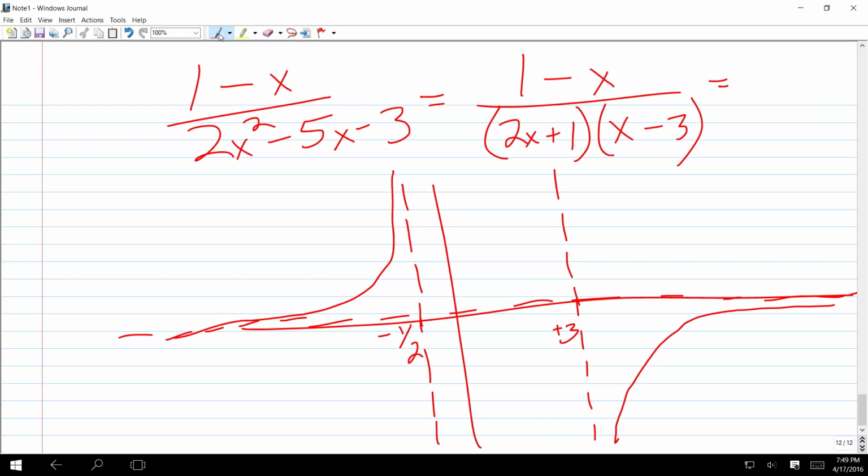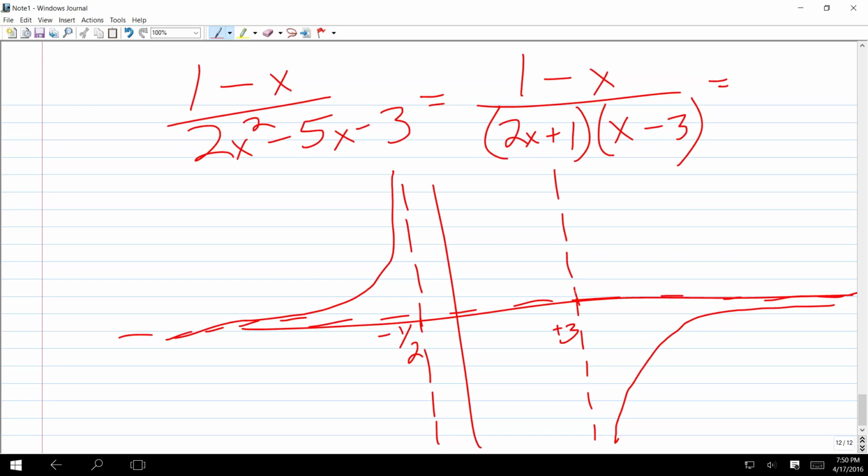Now, especially if the only thing they want to know is what's happening to the left and right of the asymptotes. Well, if I take the limit of the function as we approach negative 1/2 from the left, what is it? That would be positive infinity. And if I approach positive 3 from the right, what is it? Negative infinity. So the only question is what's going on in the middle, and they want to know that.